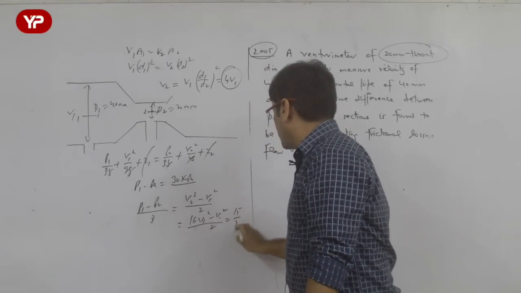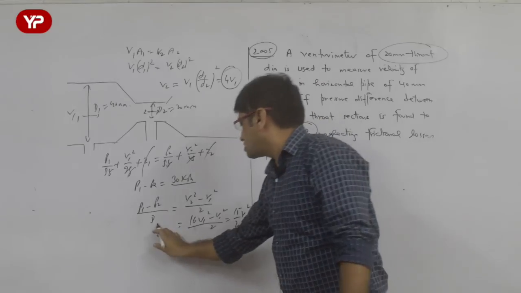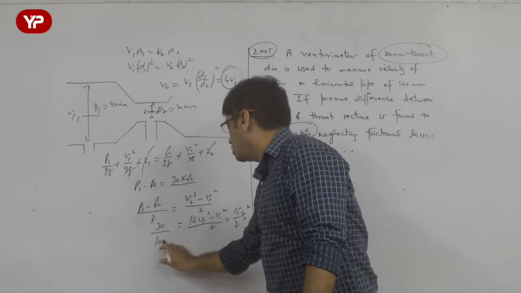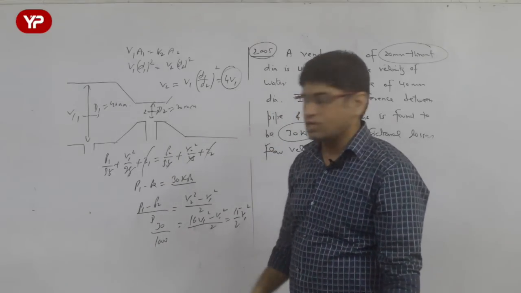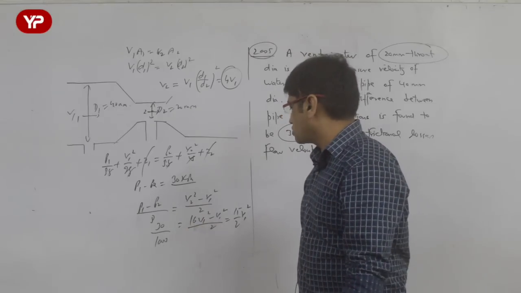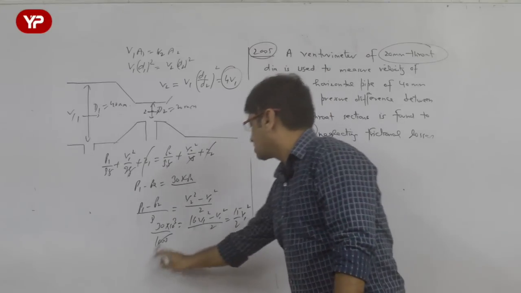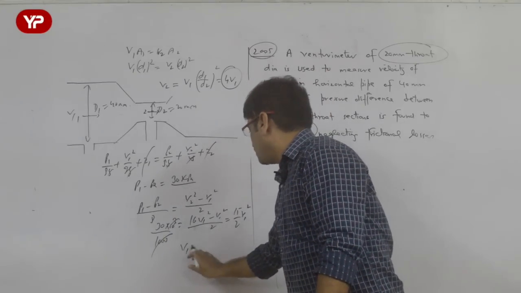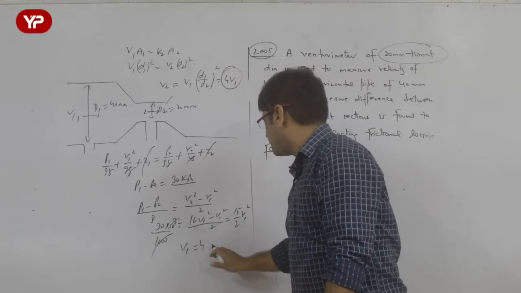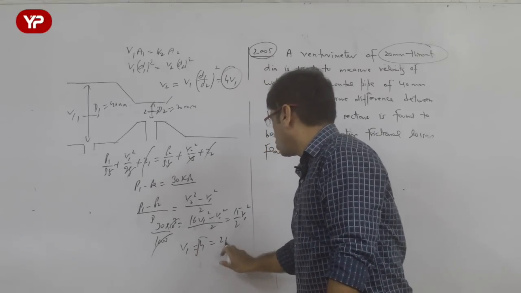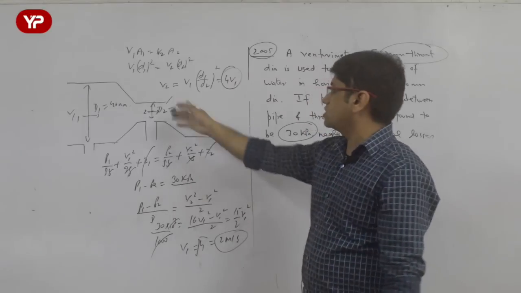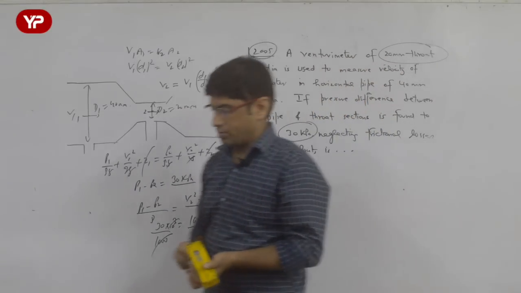That means 15 by 2 V1 square is equal to 30 kPa into 1000 divided by 1000. Density of the water is taken as 1000, and this is also 10 raised to power 3. It gets cancelled out, and from here I get V1 is equal to 4 under root, that is 2 meter per second. So velocity of flow in this I calculate 2 meter per second.